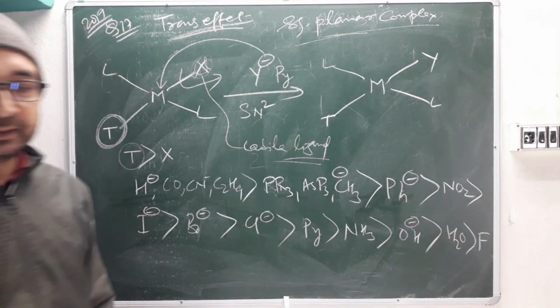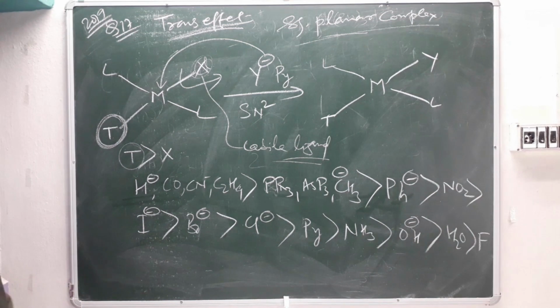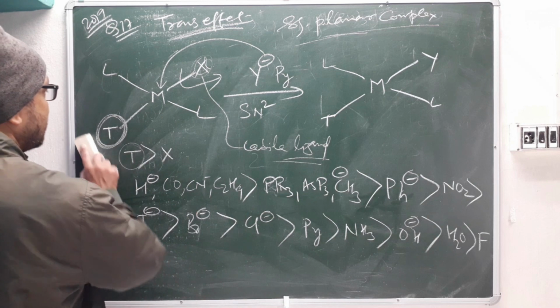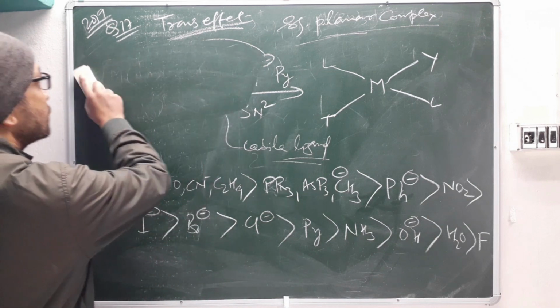So in this trans effect series, fluorine will be the least priority, correct? I'm not going to delete this series. With this series, we'll solve our question.